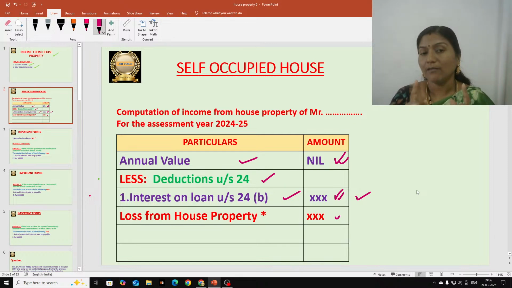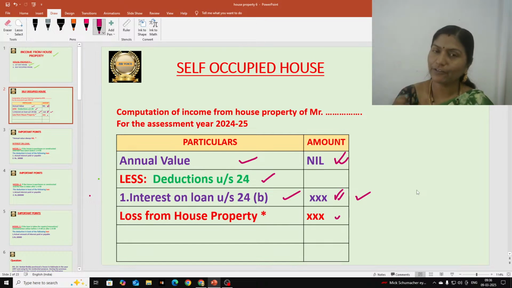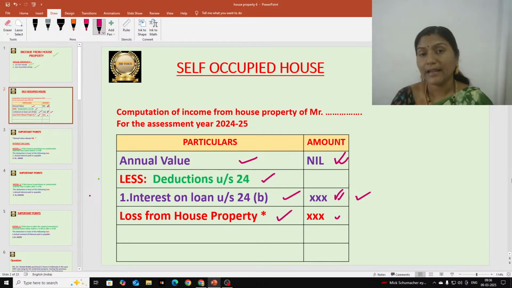Always in case of self-occupied houses, if you have interest on loan, then definitely you are going to get loss from house property. If you don't have an interest on loan deduction, suppose the amount is not available, then the house property income is nil. Because annual value is nil, and if we don't have interest on loan, here also we write nil, then automatically we get nil as the answer.